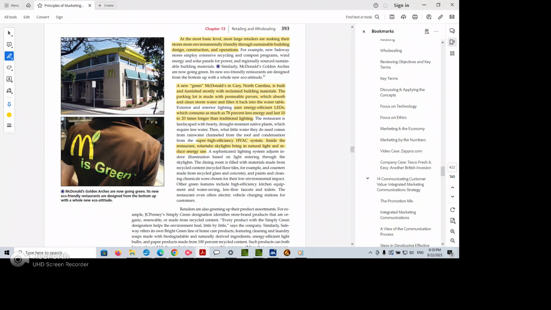Okay, now a sophisticated lighting system adjusts indoor illumination based upon light entering through a skylight. The dining room is filled with materials made from recyclable content. That is, recyclable floor tiles, for example, and counters made from recyclable glass and concrete.